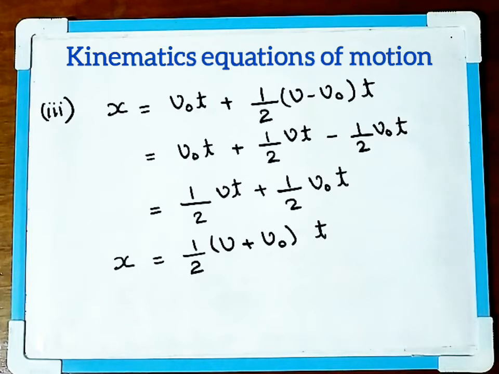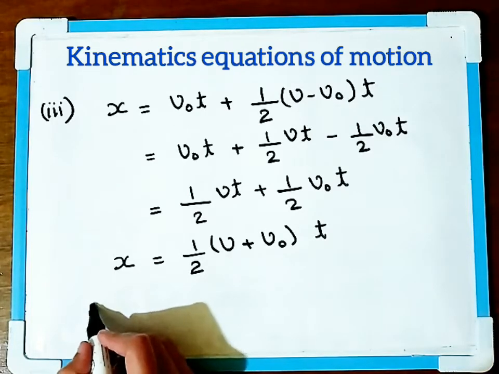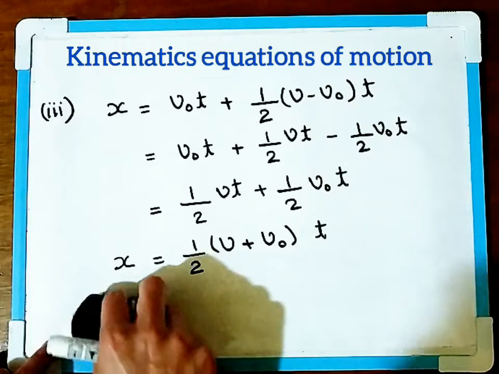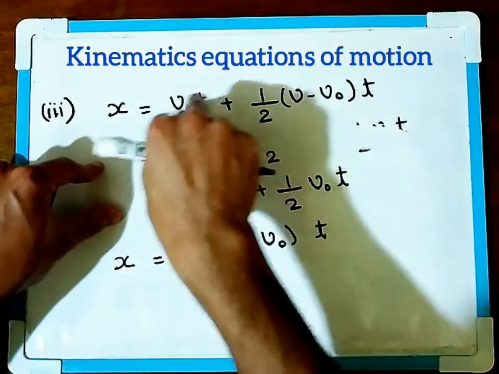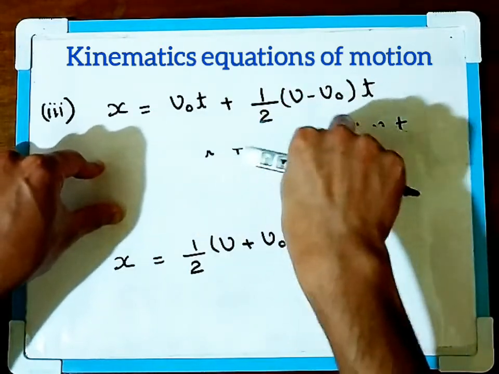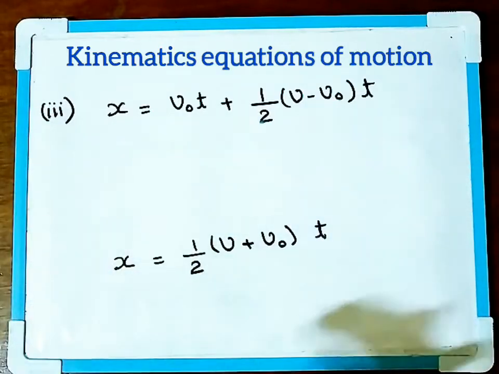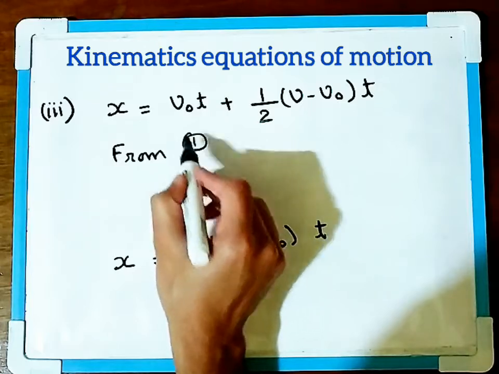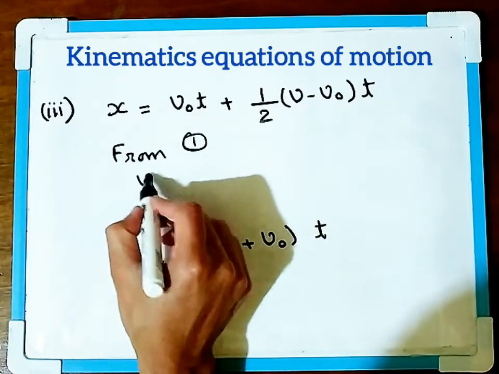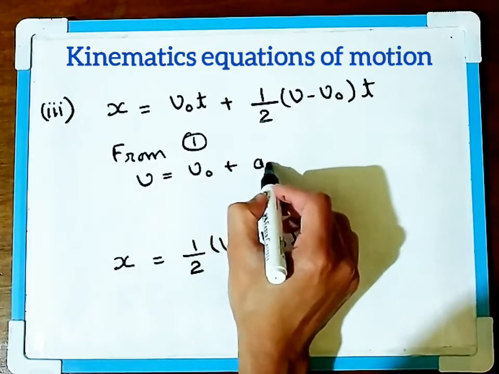From equation 1, v is equal to v naught plus at.